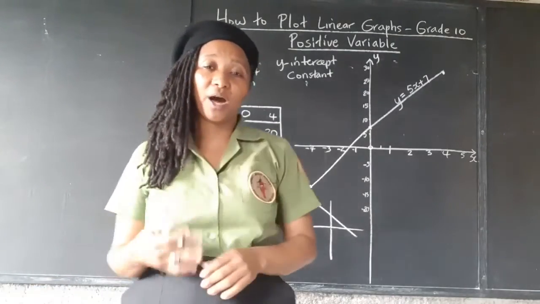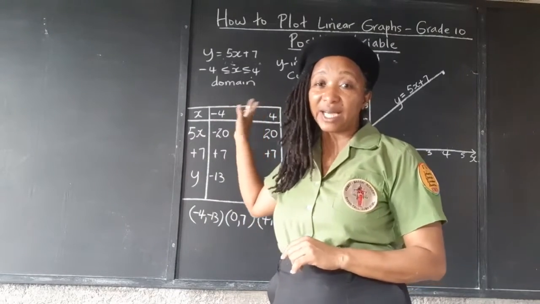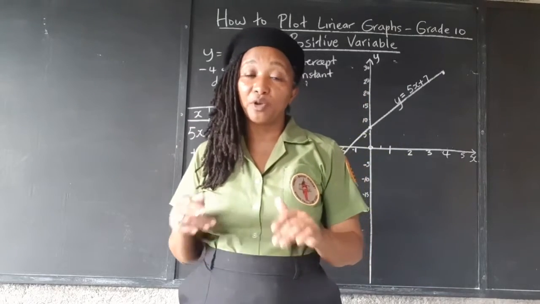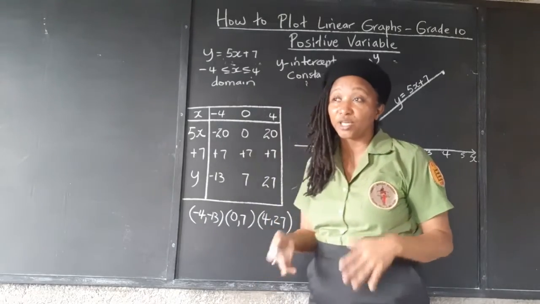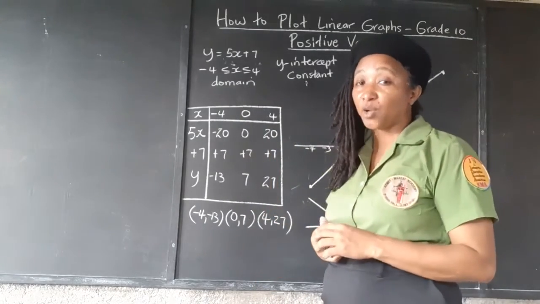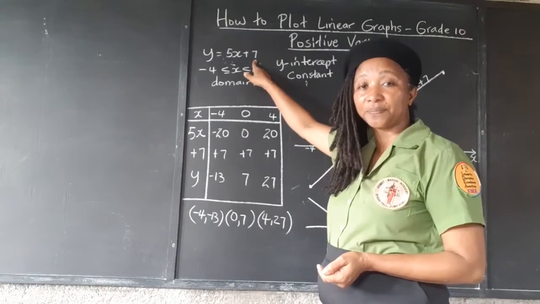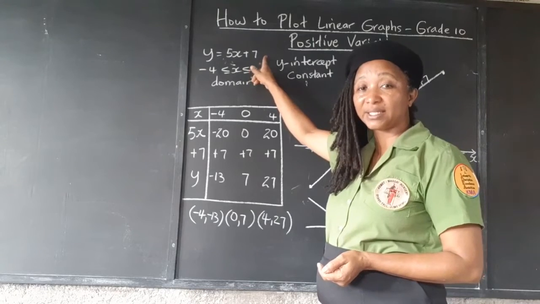So if I were to plot my graph and these two things did not happen, that would indicate to me that I did something wrong in my calculations. That's how you can have a good idea, are you on the right track? Your graph should cut the y-axis at whatever this number is at the end, the constant number, your y-intercept.